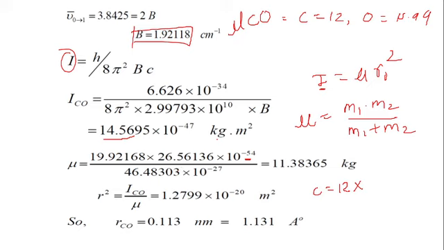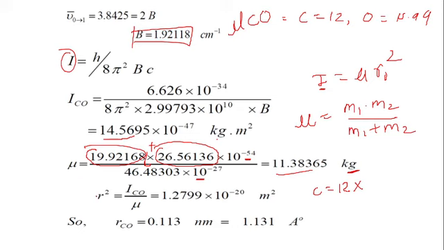In the same manner, whenever we sum this value plus this value, we get 46.48303, and here we sum this with the common value 10 raised to minus 27. Whenever we solve this, we get the value 11.38365 kg. Then we know the value of I, and also we know the value of mu.